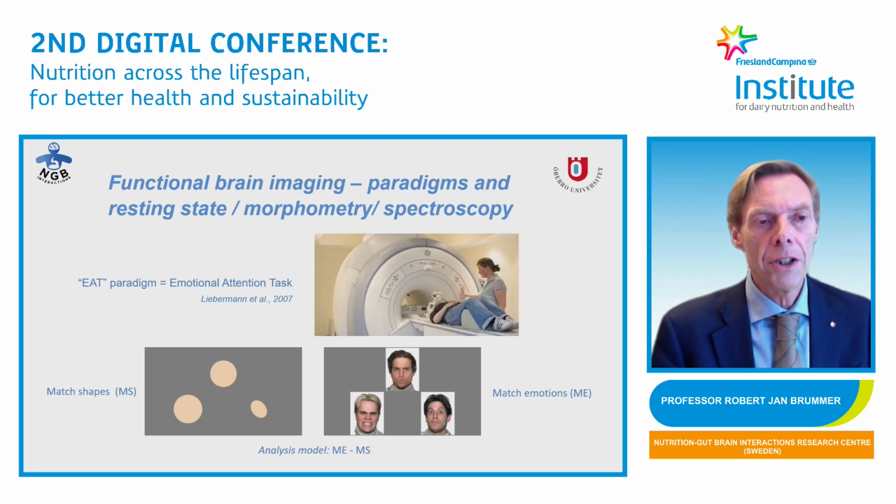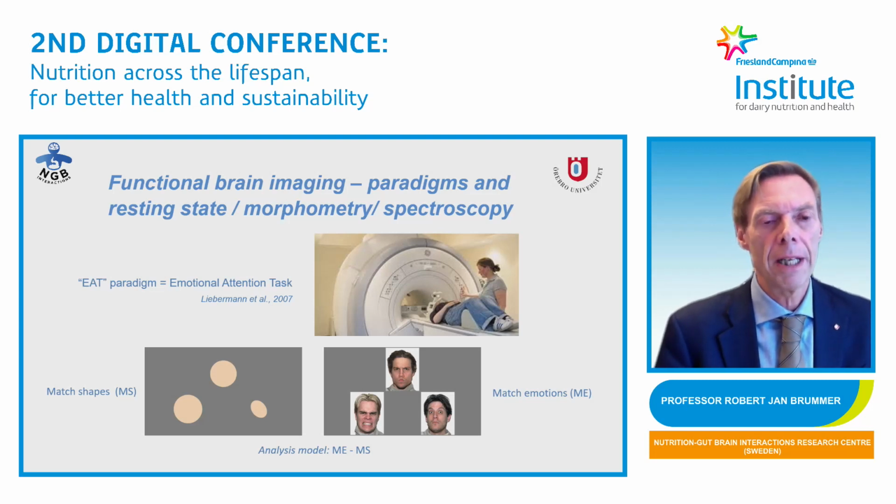So to finish off, just an example of how you can move forward into personalized nutrition and try to personalize your dietary changes and dietary interventions. Here I show you a model where we use a surrogate marker of mental health. So it's not mental health as such, but it is a prediction of parts of mental health by looking at brain activity using functional magnetic resonance imaging, fMRI.